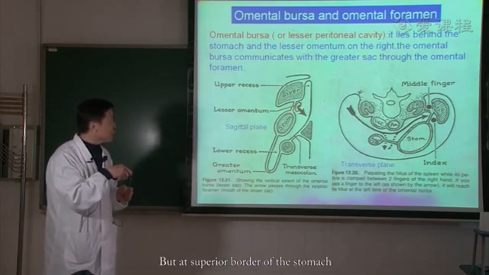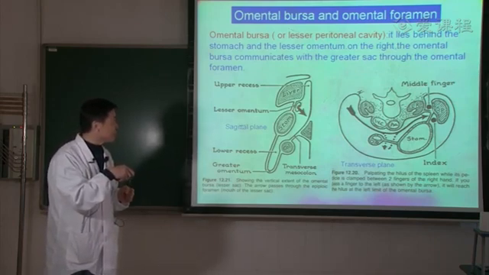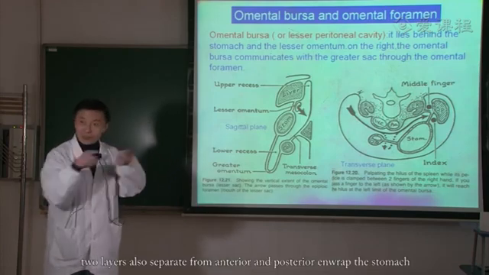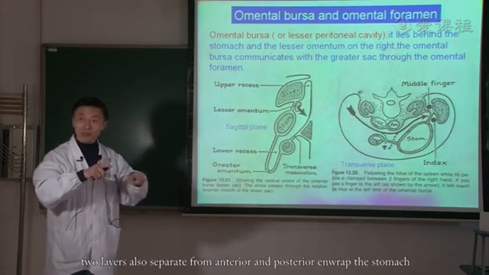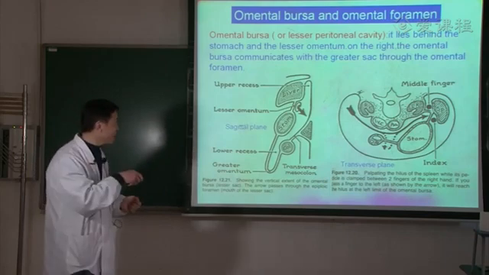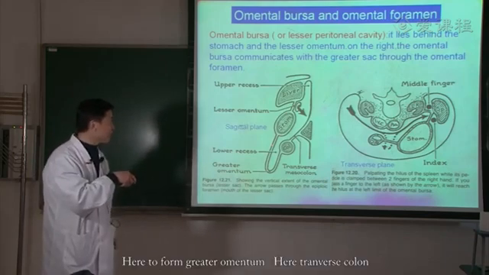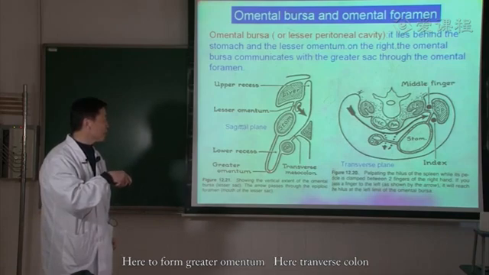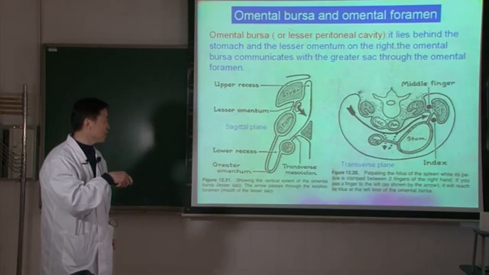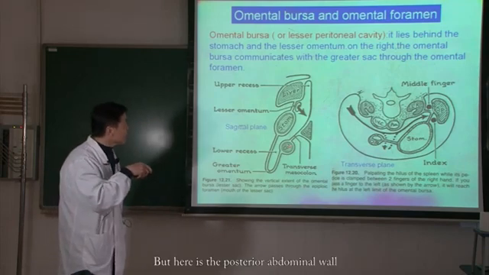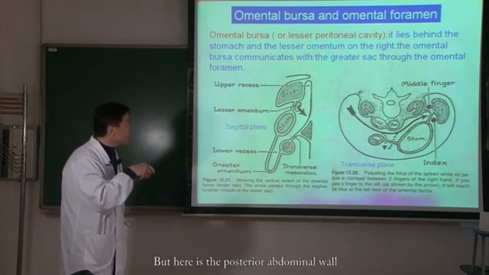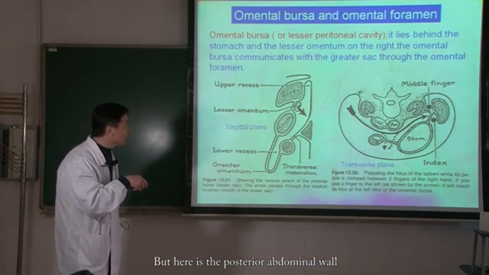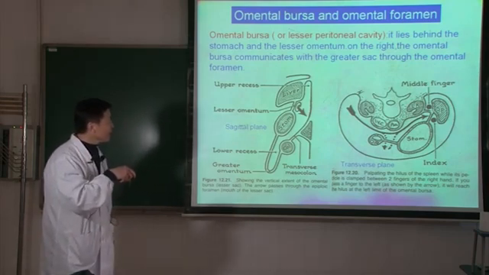But at the inferior border of the stomach, two layers also separate from the anterior and posterior areas of the stomach to form the greater omentum. Here, transverse colon, and here the posterior abdominal wall.